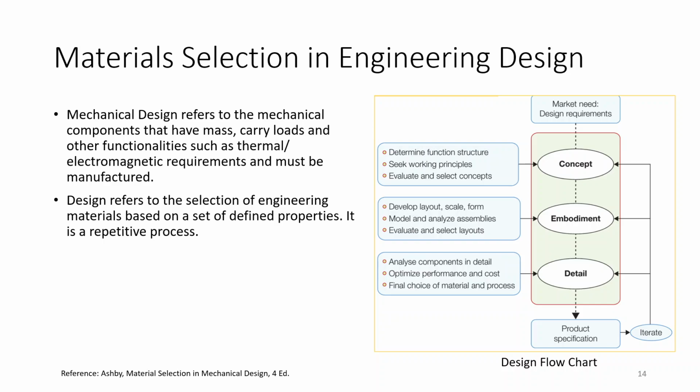Then embodiment, which depends on the development of layout, scale and form, modeling and analyzing various assemblies, and evaluating and selecting layouts. Then detailing: you analyze the component in detail, optimize the performance and cost, finalize the choice of material and process, then find the product specification and iterate.